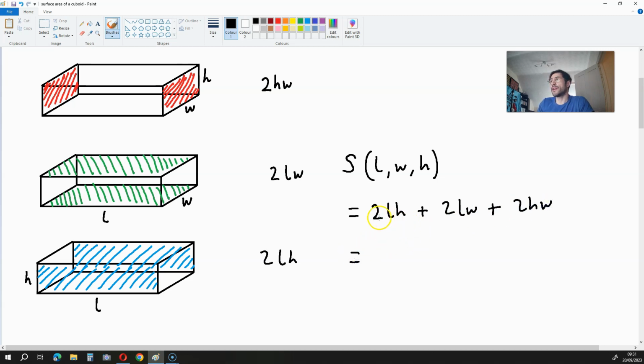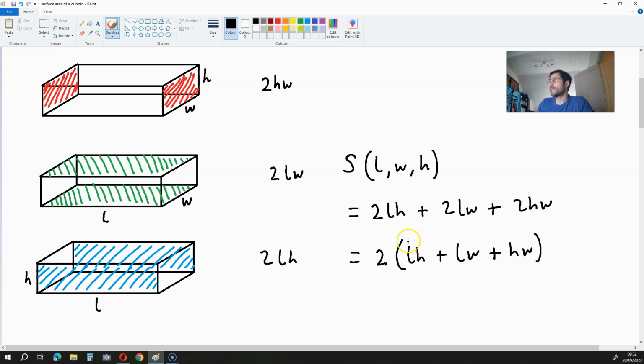But 2 is a factor of these 3 parts, so we can drag it out like this. So we get 2 times LH plus LW plus HW.